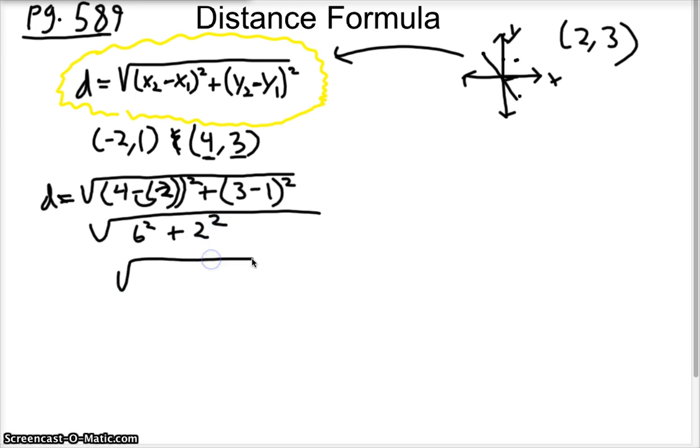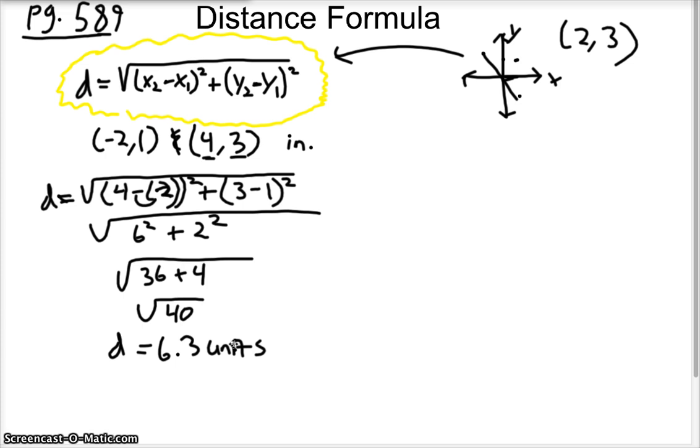So now I'm dealing with 36 plus 4, and now we're dealing with the square root of 40, and when you plug that in, you get about 6.3, and remember, it's all equaling the distance. We weren't given inches or anything, so when you're not given anything, you say 6.3 units.